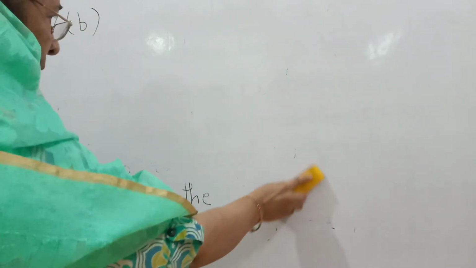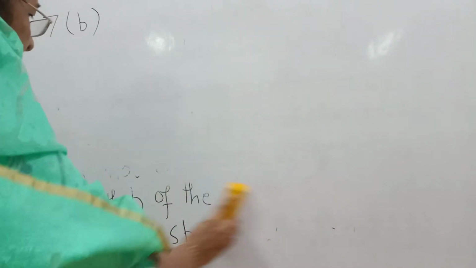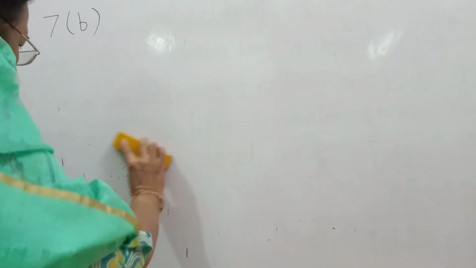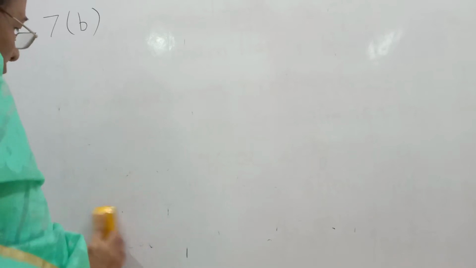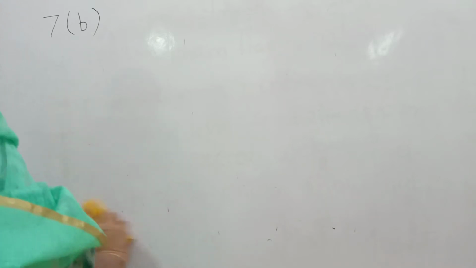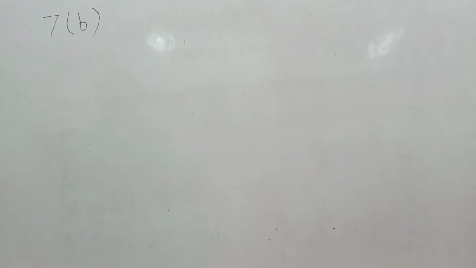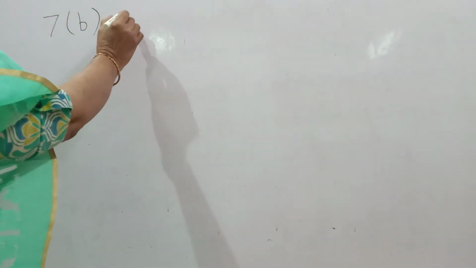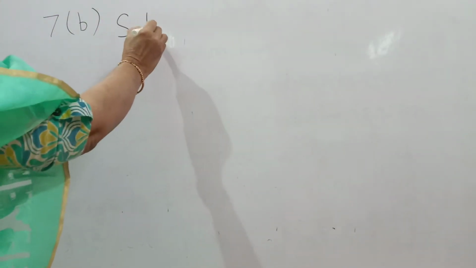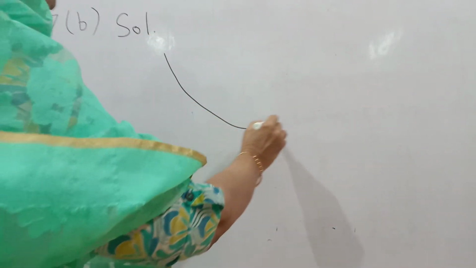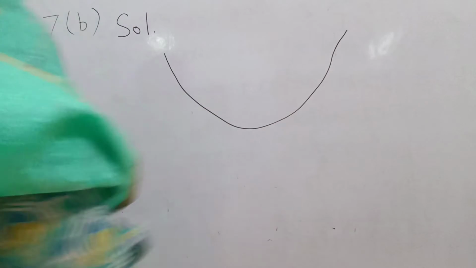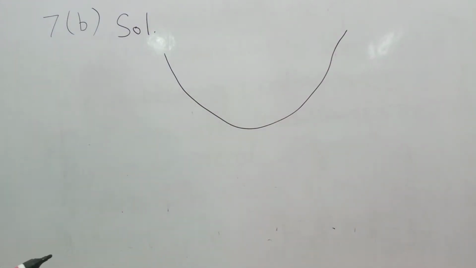Okay. So here a string is given which is hung from 2 points in the same horizontal line. So the solution is: this is the string hung between 2 points.